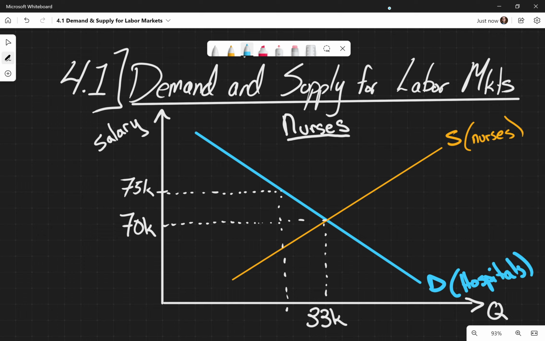So at 75,000, the number of nurses demanded declines to 30,000 people, whereas at 75,000, the number of people that actually want to be nurses and are applying for this job is 38,000.